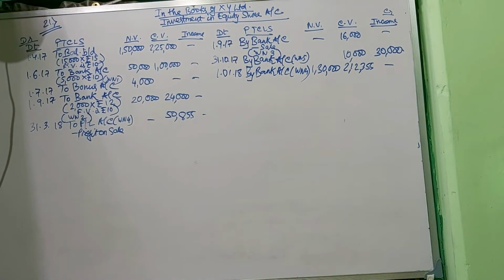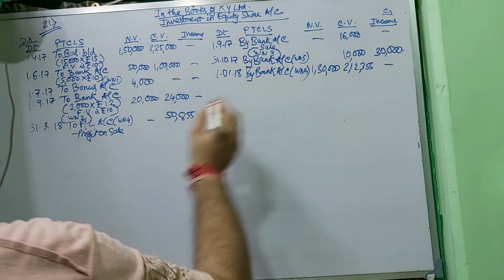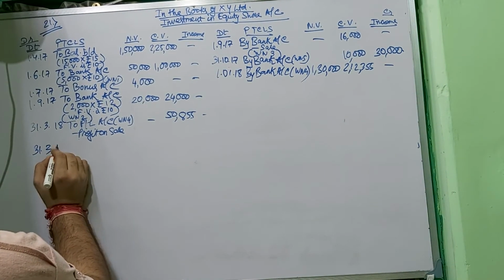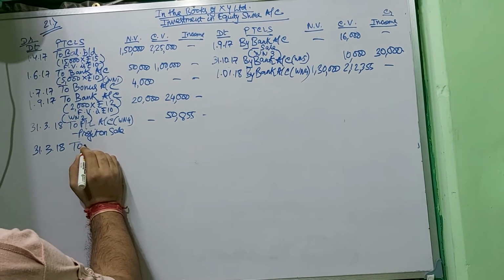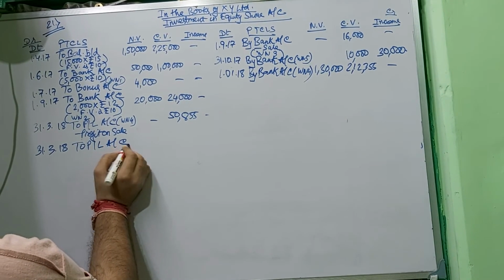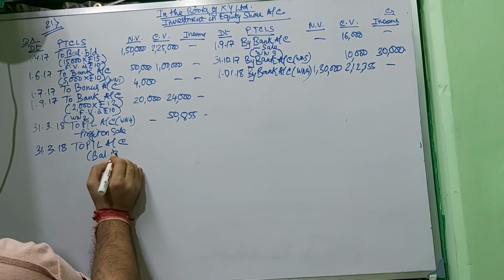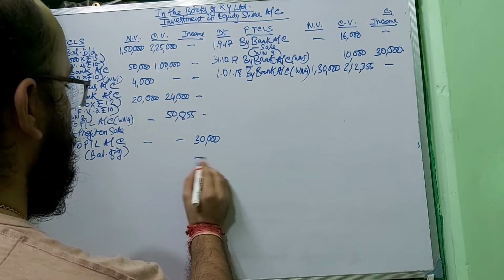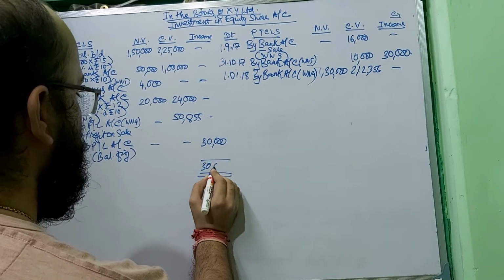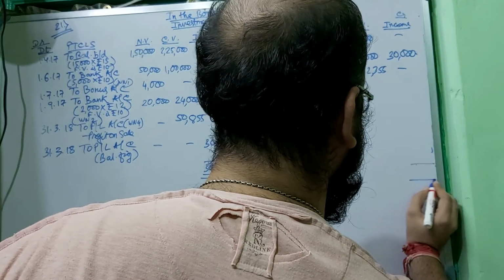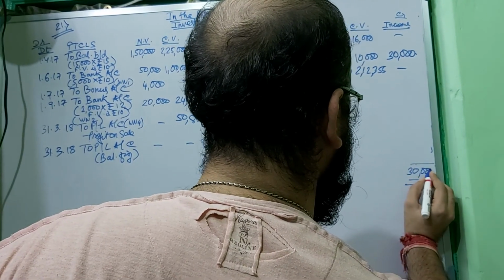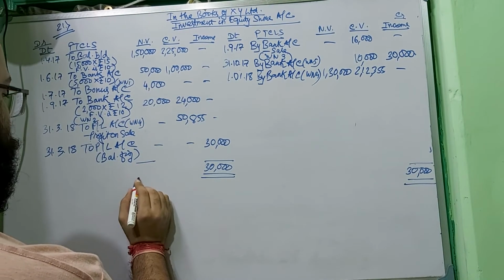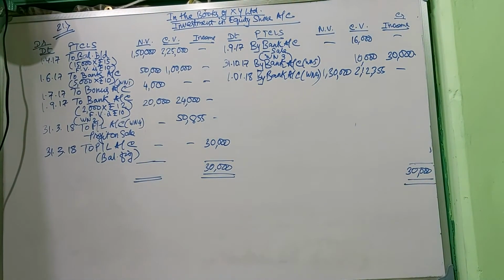Now if you just deduct the working portion, see, you can calculate the balance to PL account, balancing figure. This one will be 2 lakh, 1 lakh 50 plus 50, 2 lakh 24.